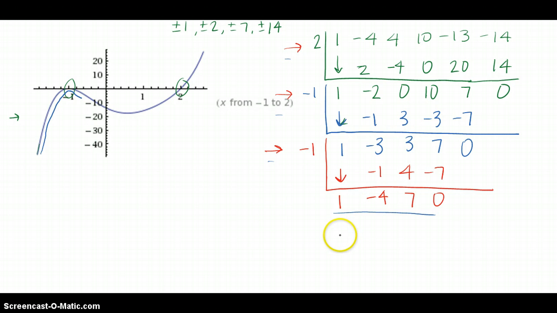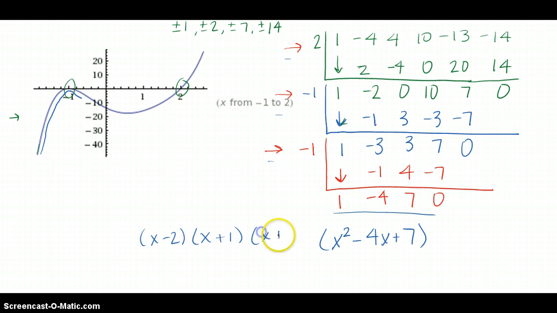So when we write our factor left over, it should be x squared minus 4x plus 7. So right now we know we have factors of x minus 2, x plus 1, x plus 1 times x squared minus 4x plus 7.